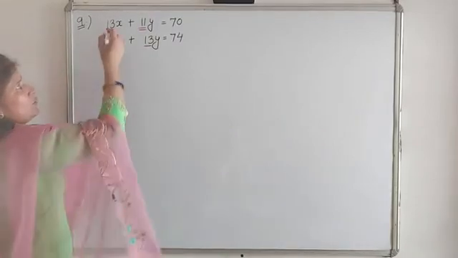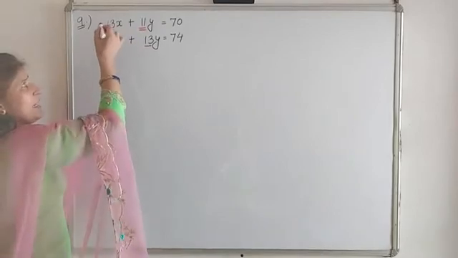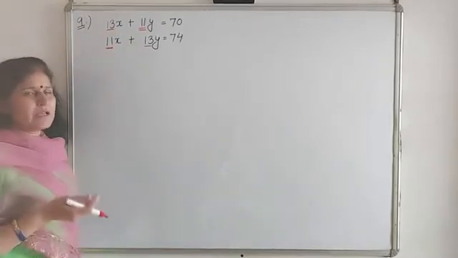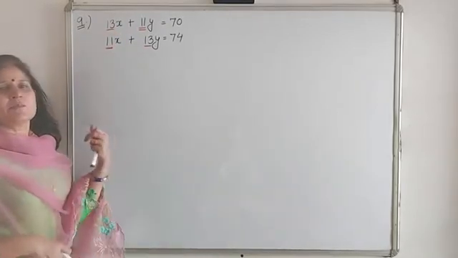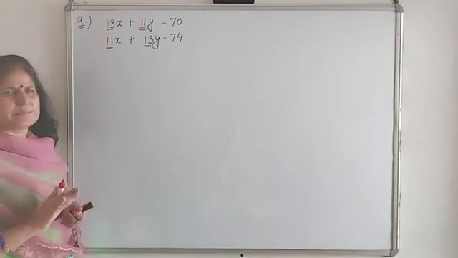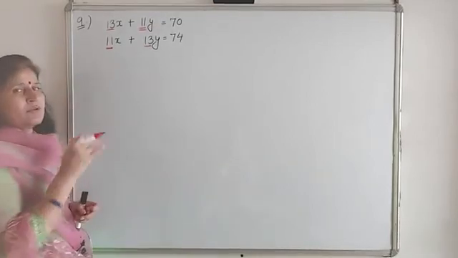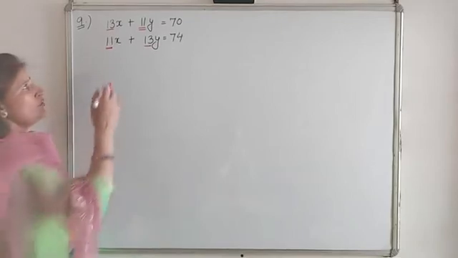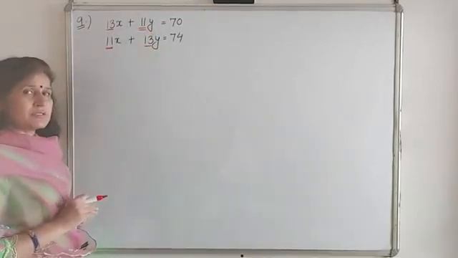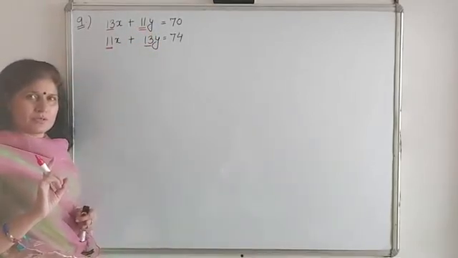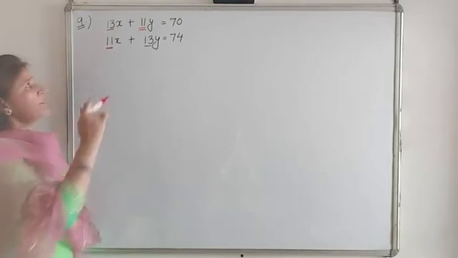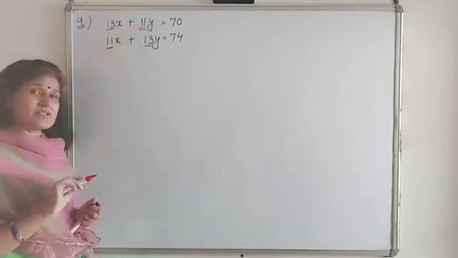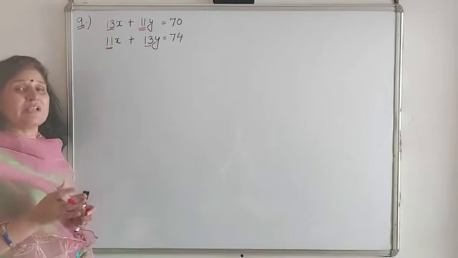One, to make them the same, you multiply this by 11, this by 13, and equate them and subtract or add, you get the answer. Second one, no need to multiply. What you will do? First you add both the equations, you get one more equation. Again subtract the previous equations to get one more and equate them.